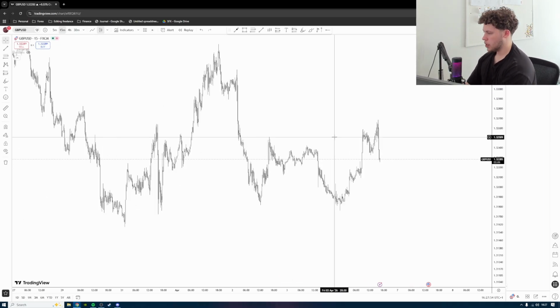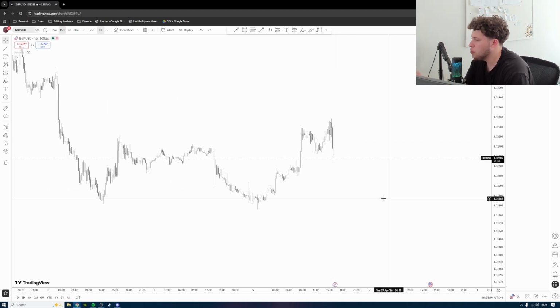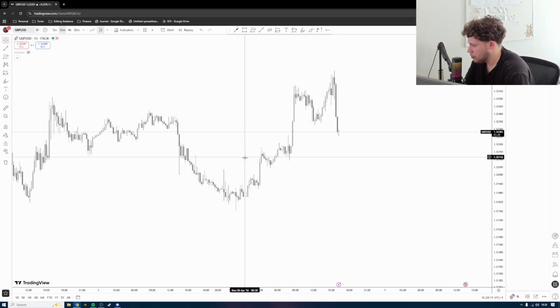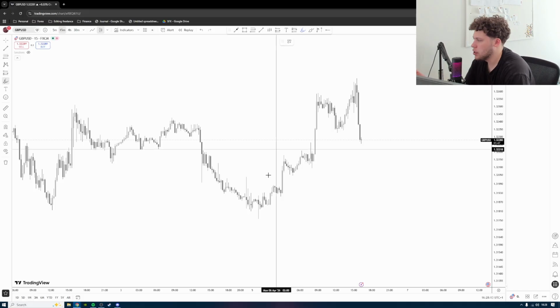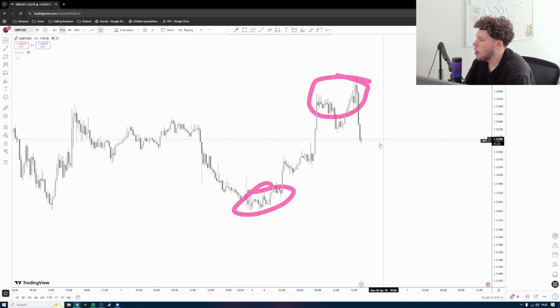Now, that is very similar obviously for the 30-minute and the hour. The difference being is you can also zoom in more, which you can't really do on, say, the hour. Now, say for example, you wanted to get in a buy down here or get in a sell up here.